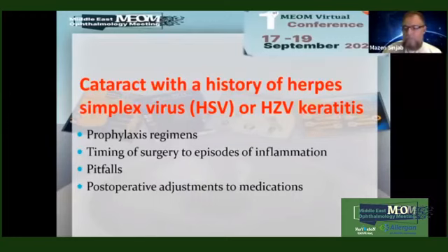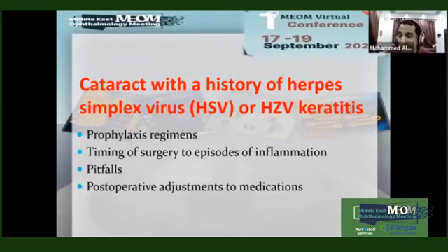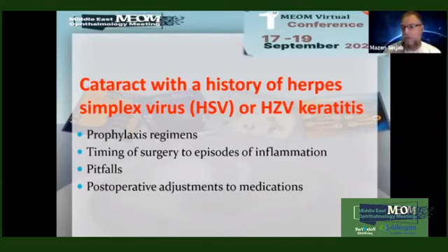Then we start systemic antiviral for 1 week before the cataract surgery, and then we keep the patient on the systemic antiviral after the cataract surgery for about 3 to 6 months. So 3 to 6 months, you are keeping the patient on antiviral tablets, you mean? Yes, tablets. This is one of the regimens.